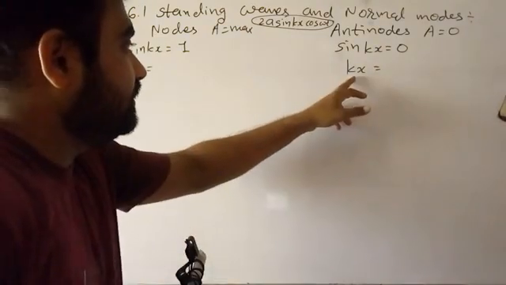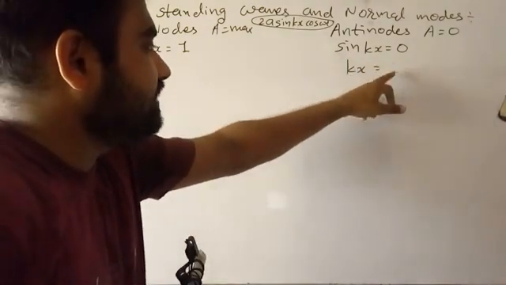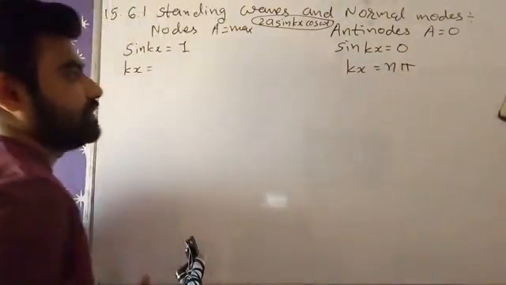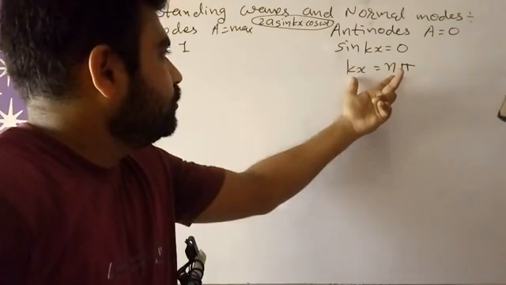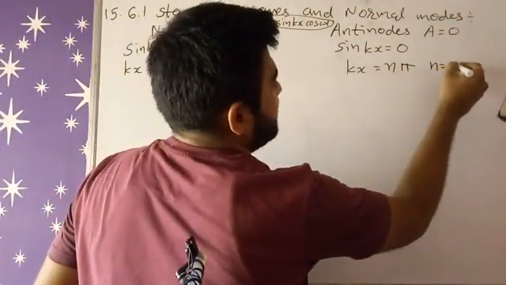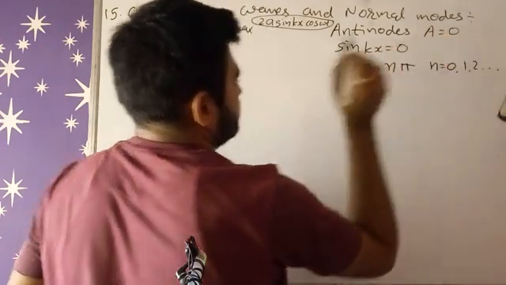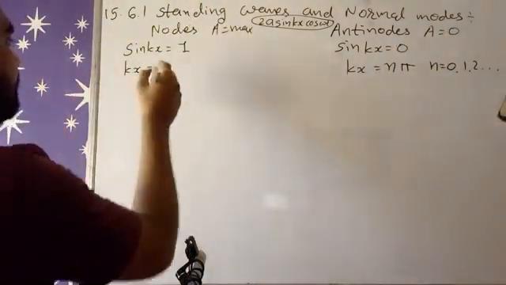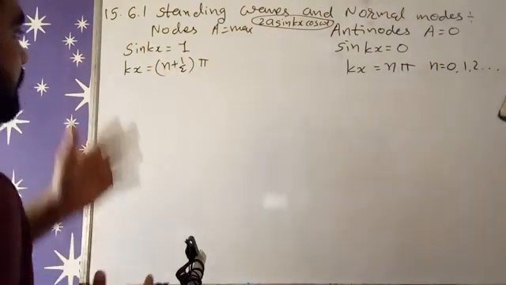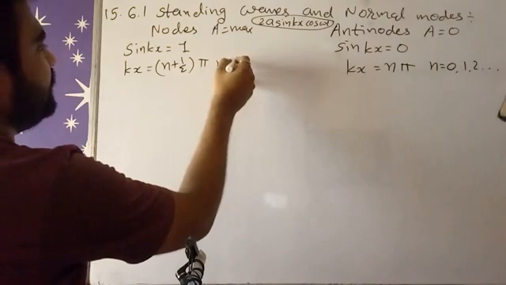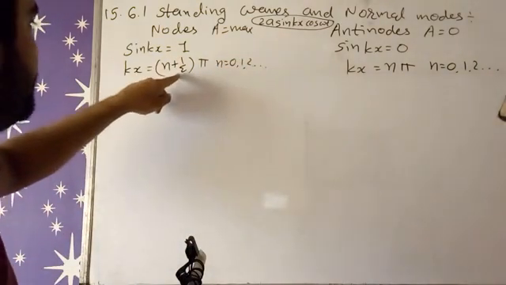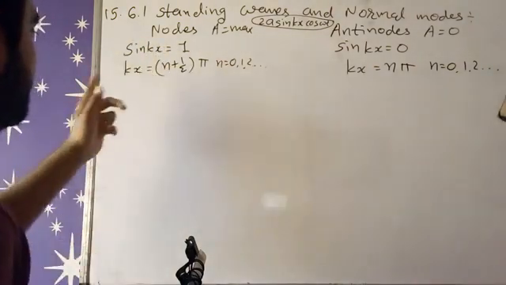So 0, 0 and 90 degrees, so that starts from n pi. So this is the general form to take this value as 0, where n is any value 0, 1, 2, and so on. Similarly kx is equal to (n + 1/2) pi, where n is equal to 0, 1, 2, and so on. If we take 0, then pi by 2, sin pi by 2 is 1.